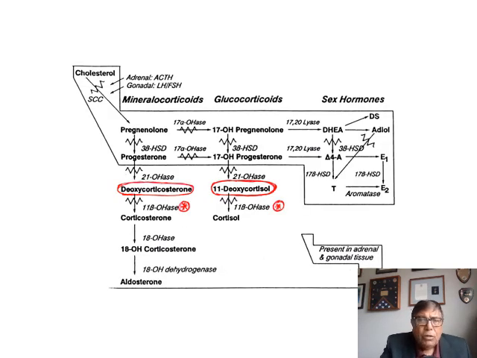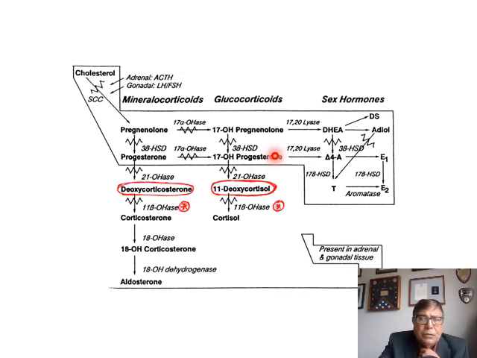And this picture will try to explain some, although it looks very busy, but let's focus on this area. Our problem is here, 11 beta hydroxylase deficiency right here. So therefore 11-deoxycortisol level will be high, and so does 17 hydroxyprogesterone.